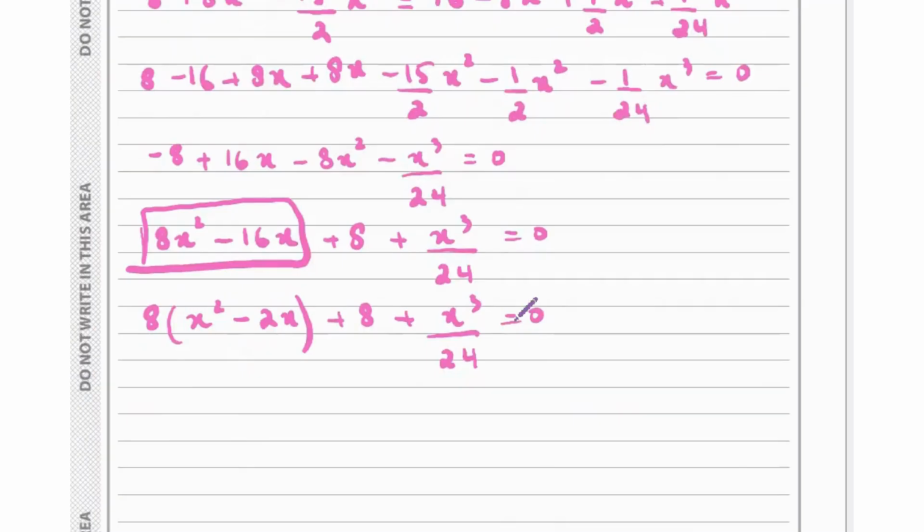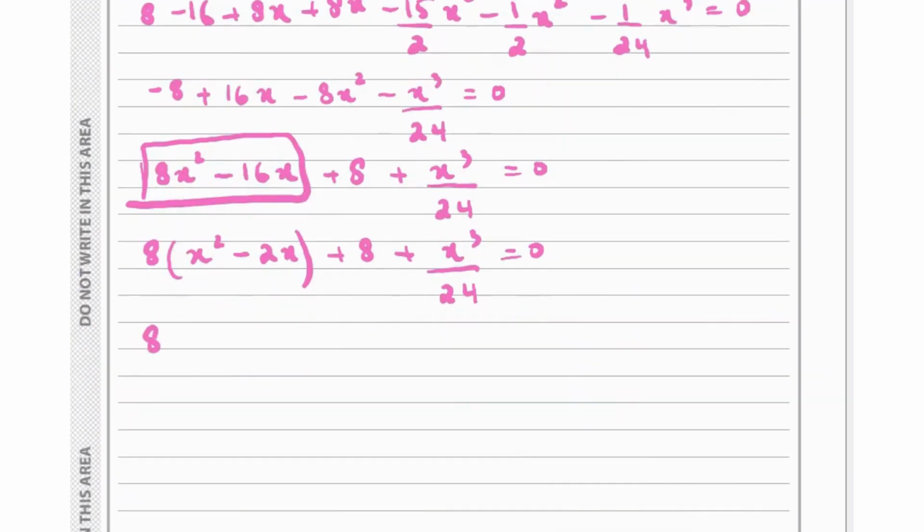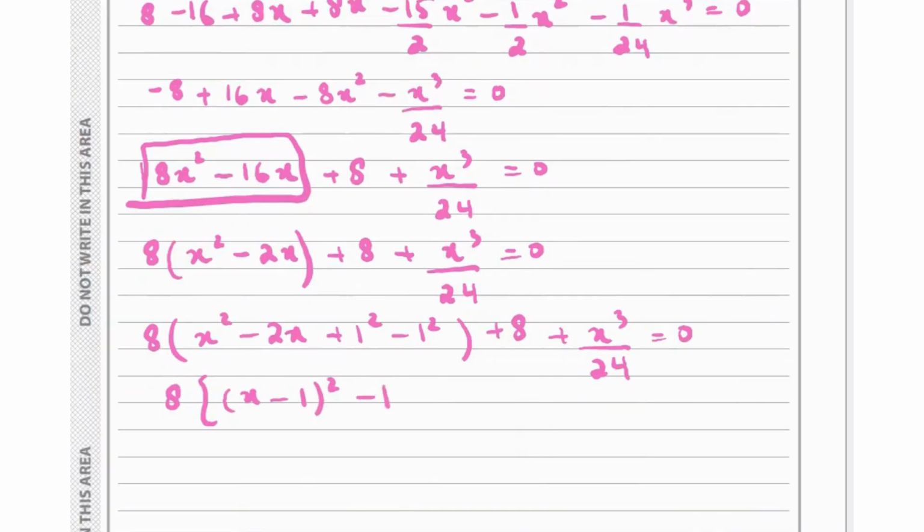So to apply completing square form, what I get is 8 bracket x squared minus 2x plus 1 squared minus 1 squared plus 8 plus x cubed over 24 equals 0. That's going to be 8 bracket x minus 1 squared minus 1 plus 8 plus x cubed over 24 equals 0.